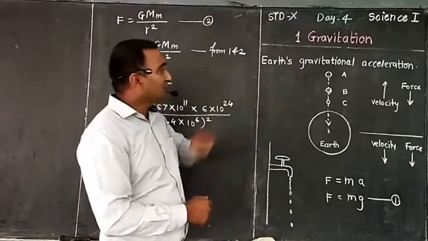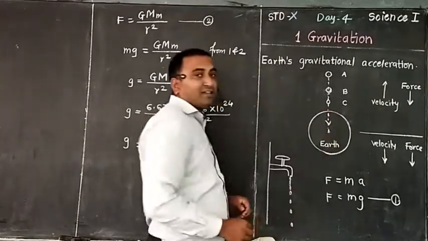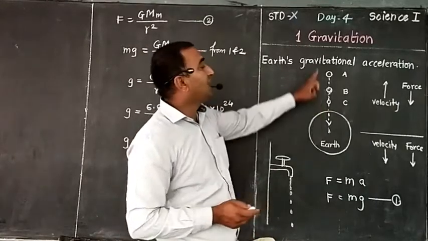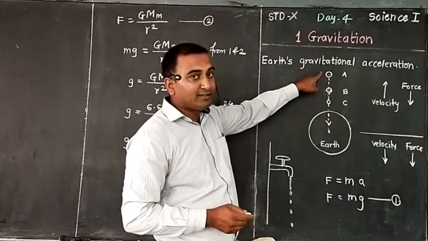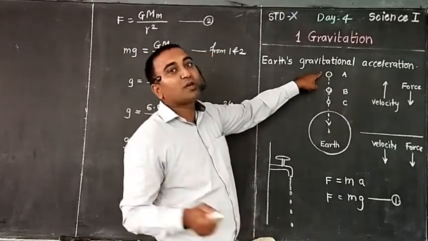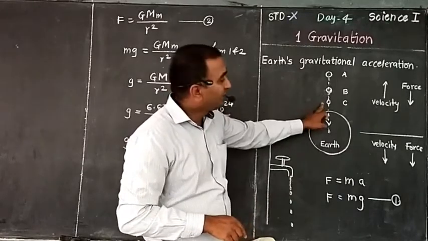Now see what is going to happen here. Suppose from the earth we have thrown an object upward. As you throw it upward, definitely you have to apply force, and because of your force the object has a velocity.